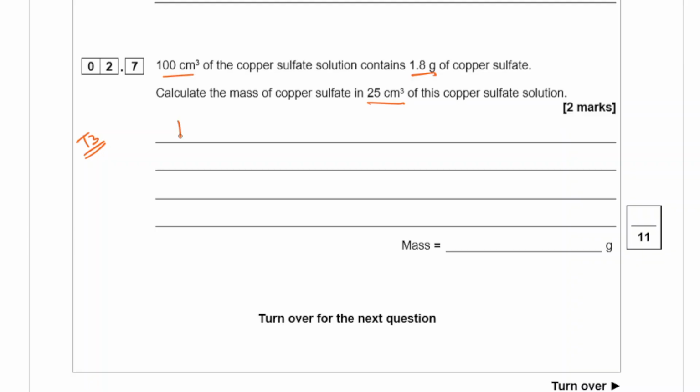I have got 1.8 grams in 100 centimeter cube. So if I divide that by 100, I would get the number of grams in 1 centimeter cube. And then all I have to do is multiply it by 25 to find the number of grams in 25 centimeter cube, which I should get 0.45 grams.